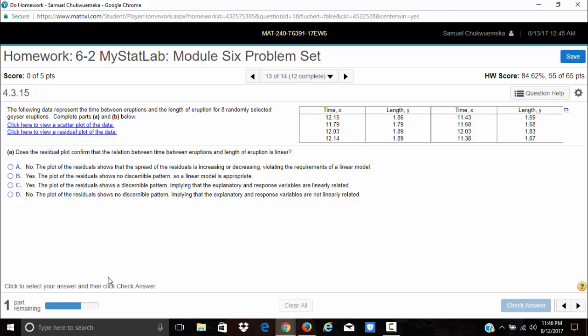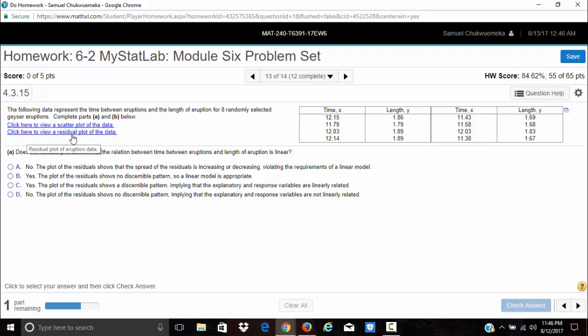Question 13. The following data represent the time between eruptions and the length of eruption for 8 randomly selected geyser eruptions. So time between eruptions is your x. Length of eruption is your y. A. Does the residual plot confirm that the relation between time between eruptions and length of eruption is linear?